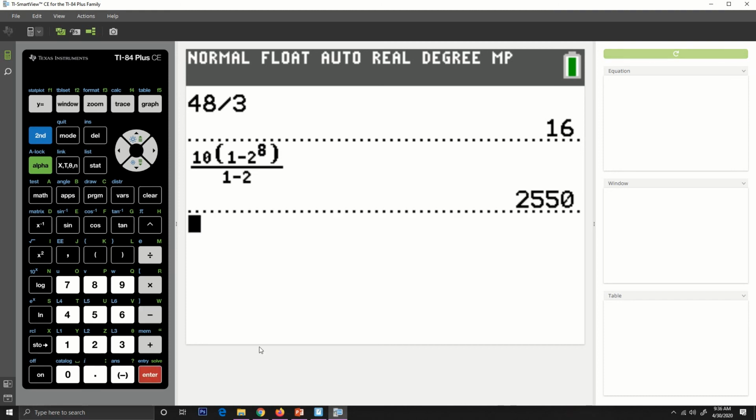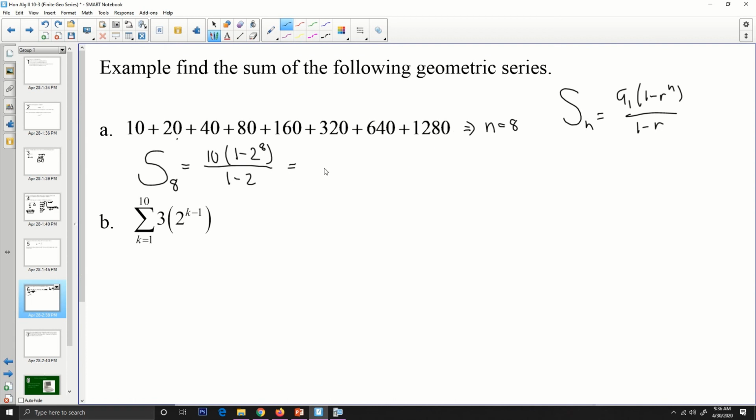We'll hit enter, and we'll see that 2,550 is the sum of these numbers.